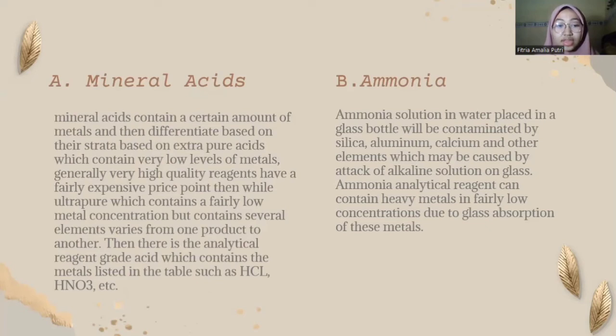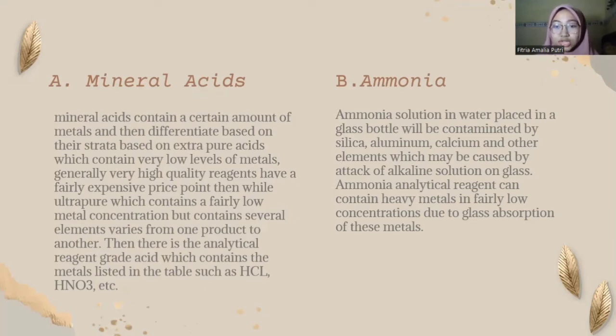Then there is the analytical reagent grade acid, which contains the metals listed in the table, such as HCl, HNO3, and the others. And the next is ammonia.